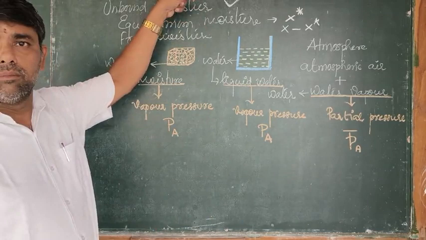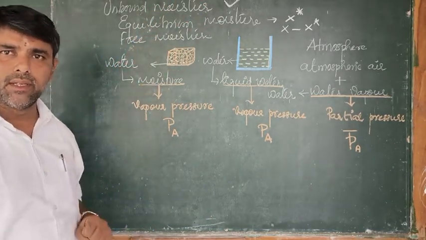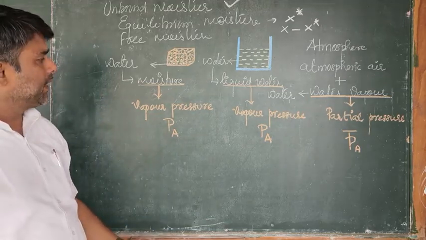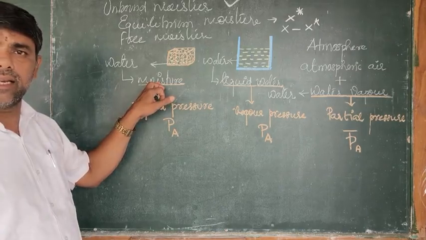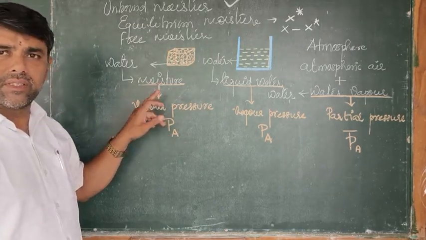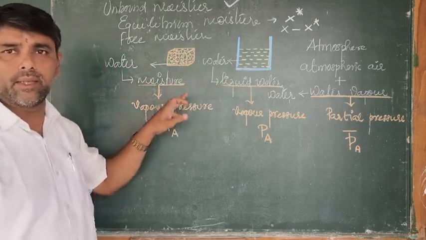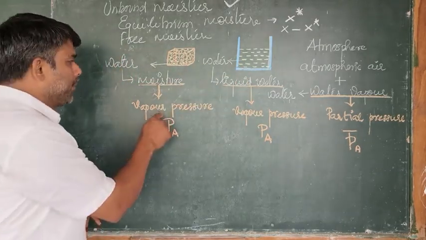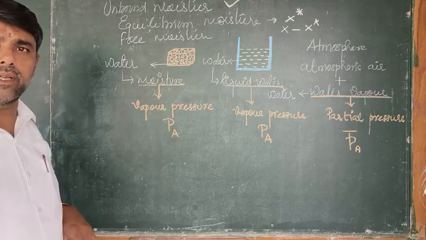Bound moisture is nothing but moisture contained by the substance which exerts an equilibrium vapor pressure less than that of the vapor pressure of pure liquid at the same temperature. I am comparing vapor pressure of moisture and vapor pressure of pure liquid for bound moisture.